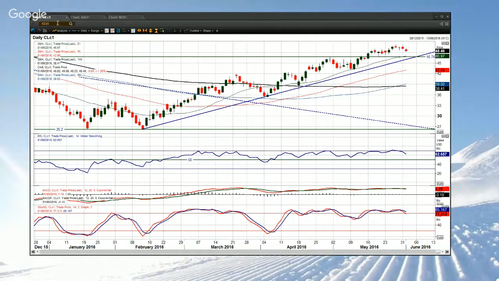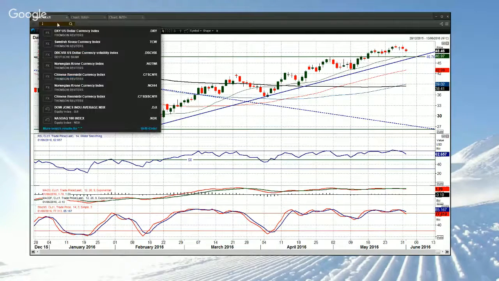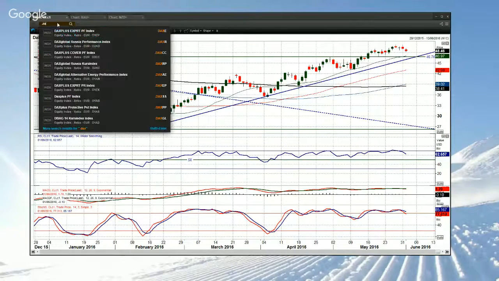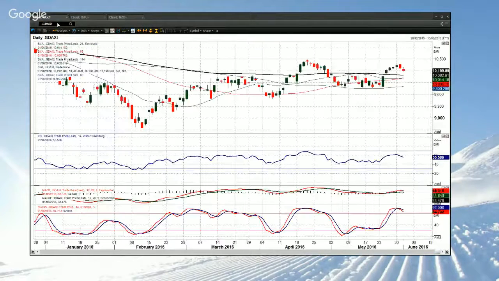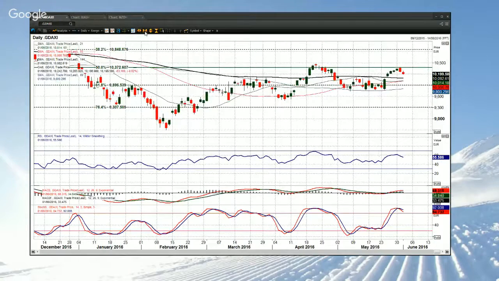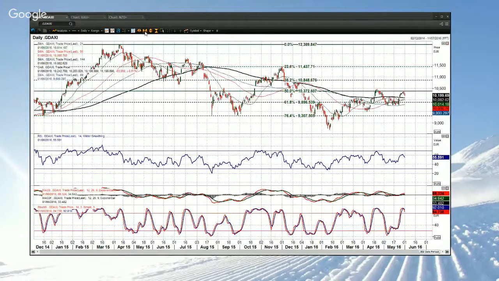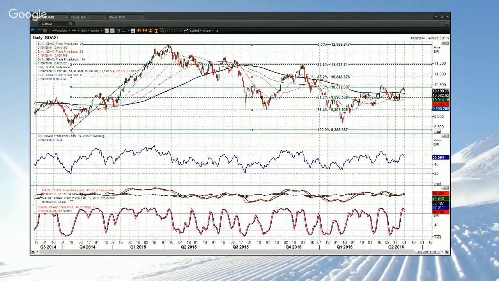Right, if I've got time, then let's just have one last look at a chart, which is the DAX. In the last, how many months, I don't know, I've been talking about these key Fibonacci levels of this big bull run, and they have come in time and time again as your key turning points.